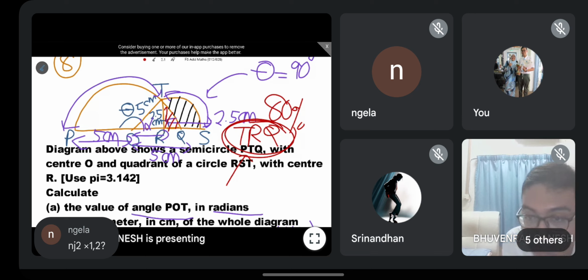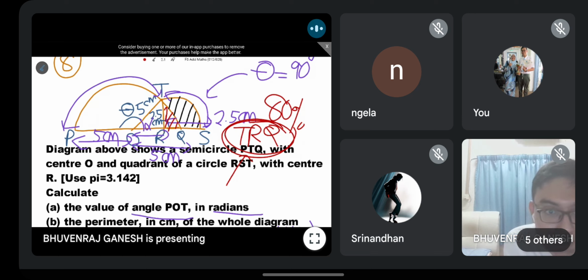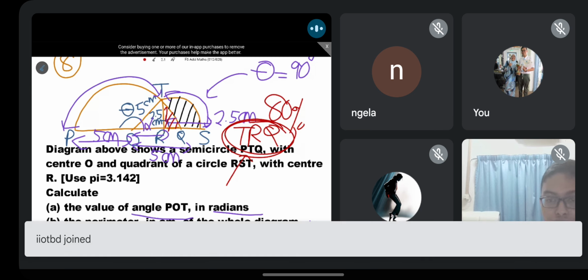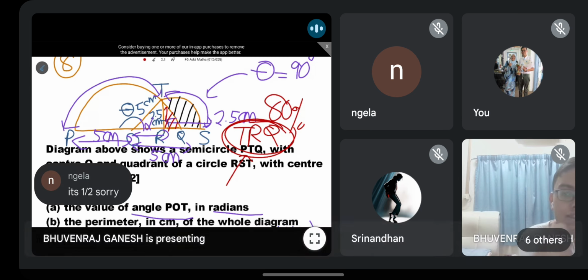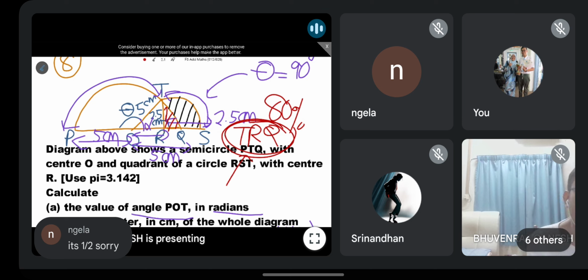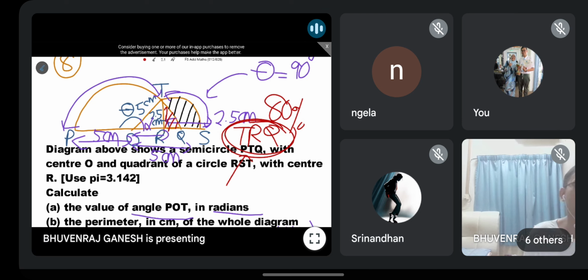Pi j square times 1 point. Is that 1.2, Angela? Or 1 comma 2? Oh, 1 over 2. Okay. Pi j square times 1 over 2.